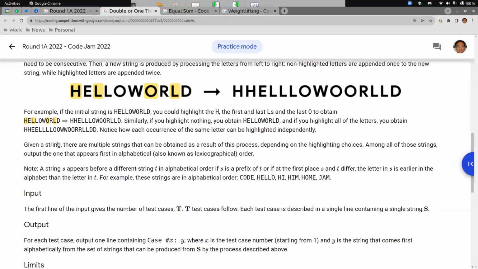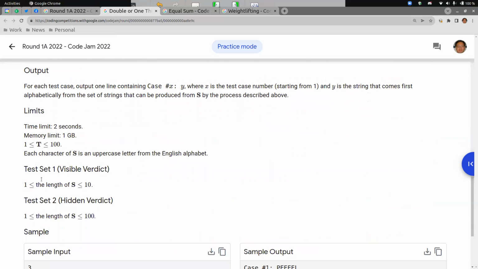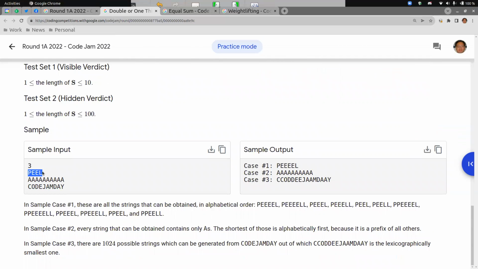Okay, so is there any question about what this question is asking? Right, they give you a string. So for example, here, peel. And out of all the possible ways you can decide to double things up, you want to find the one that is lexicographically smallest. So for example, they say in sample case 1, peel, all the strings that you can obtain in alphabetical order are these.